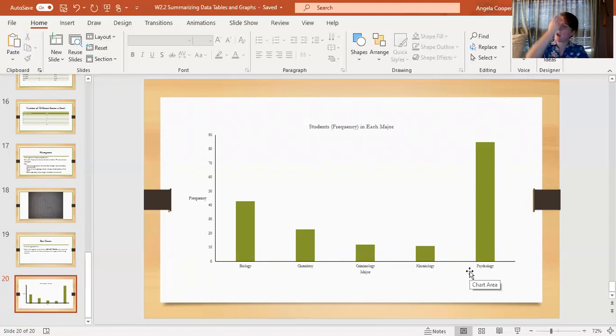So bar graphs are used again for ungrouped data where we either don't have enough different scores to justify making group data, making intervals, or the groups that we have are categorical, and thus the groups have already been made for us, like biology, chemistry, criminology, kinesiology, and psychology majors.